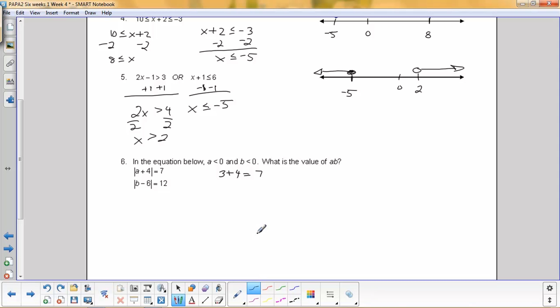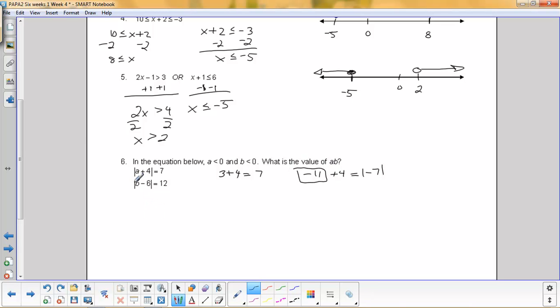But the other way to look at it is this negative value being changed to a positive. So what other number can go here and still make 7? I would say -11. -11 plus 4 equals -7. But remember, absolute value takes that away. So my first value is -11.